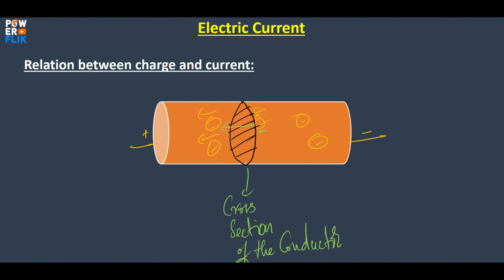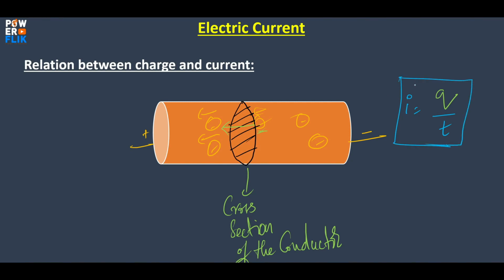So many electrons will cross this cross section. The charge crossing will be represented by Q. If Q charge passes through the cross section in t seconds, then it is called current.